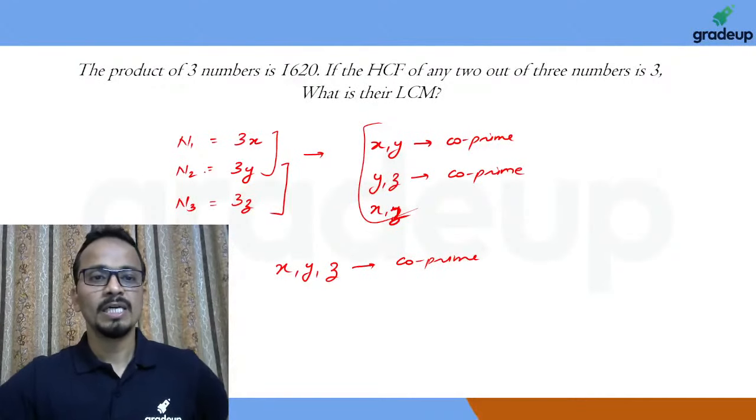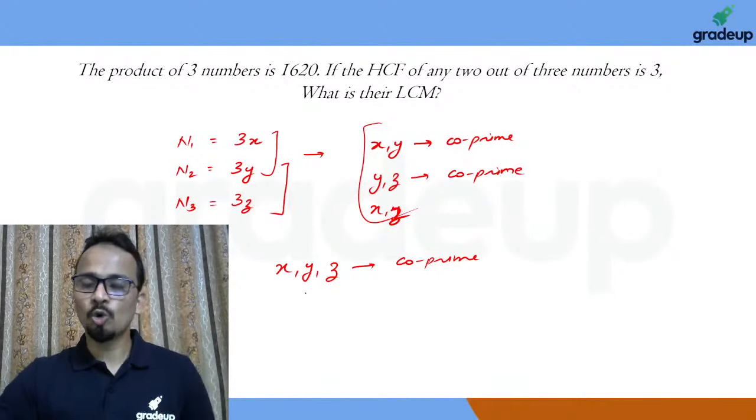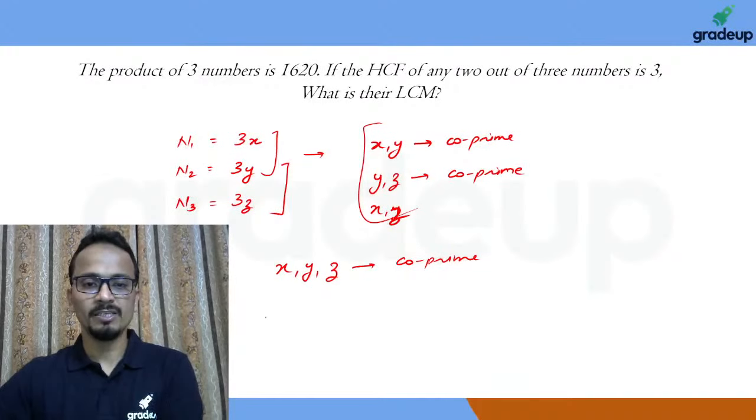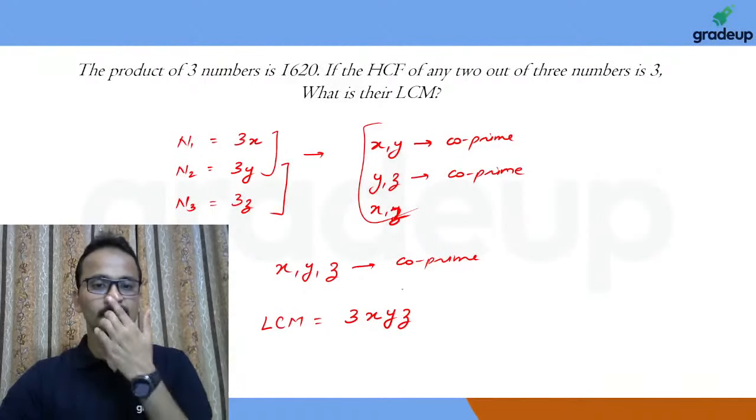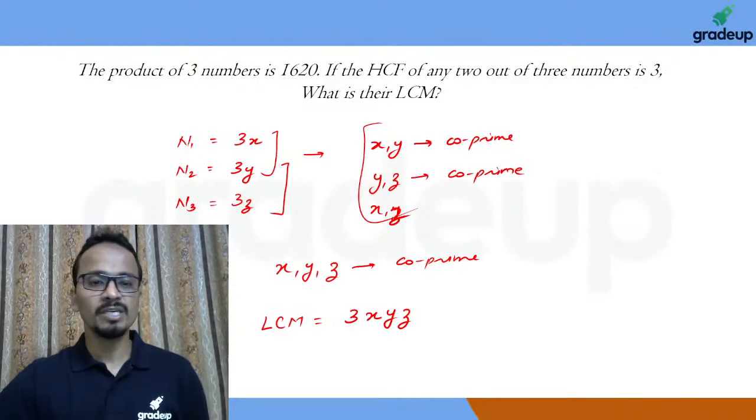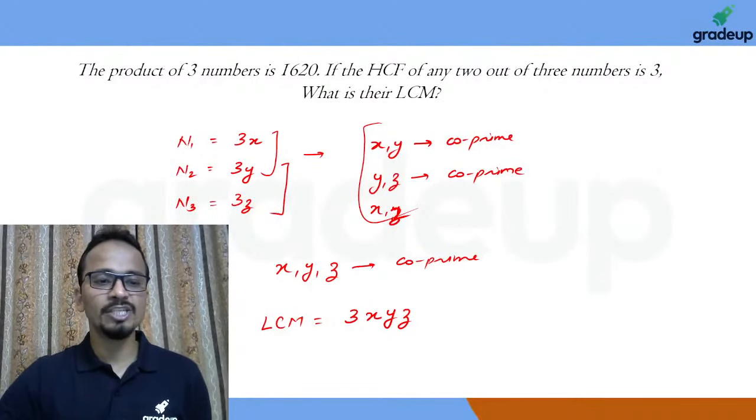Now since x, y and z are co-prime, they don't have any common factor. I can say that the LCM of these three numbers will be equal to 3 times x into y into z. Where did the 3 come from? 3 is common here.